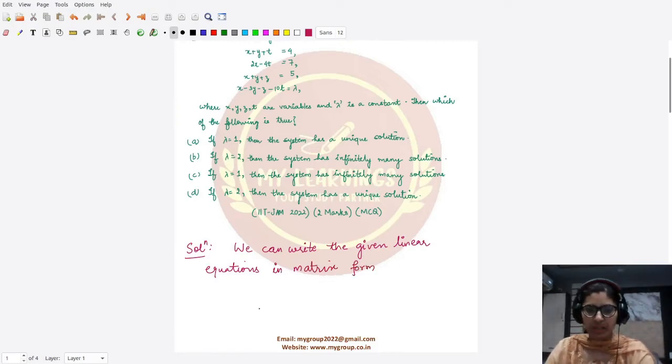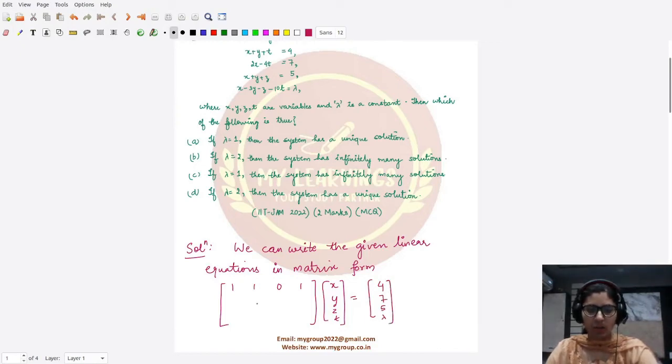So you could write it like this: all the coefficients in one matrix. So your first row would be 1 1 0 1, since z is 0 here. Here you have the matrix x, y, z and t, and the right hand side matrix would be 4, 7, 5 and lambda.